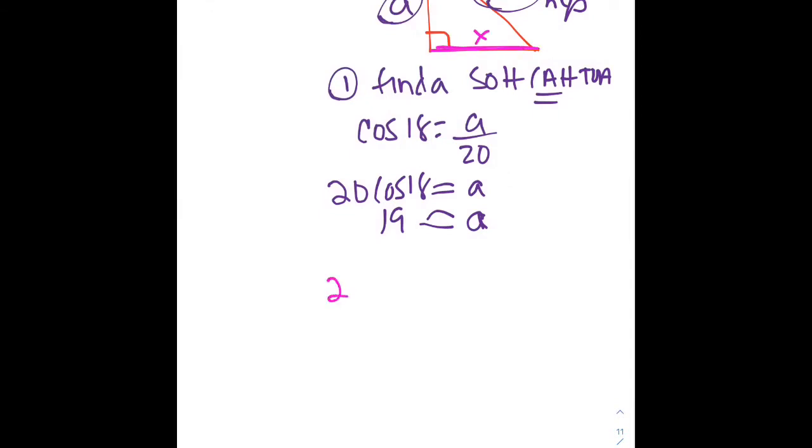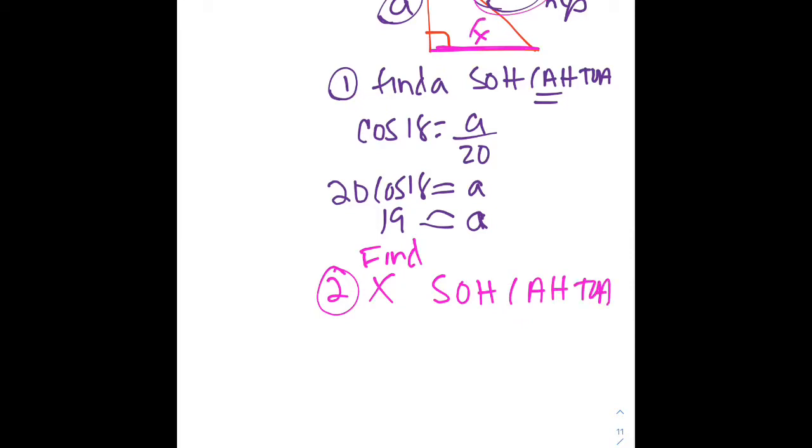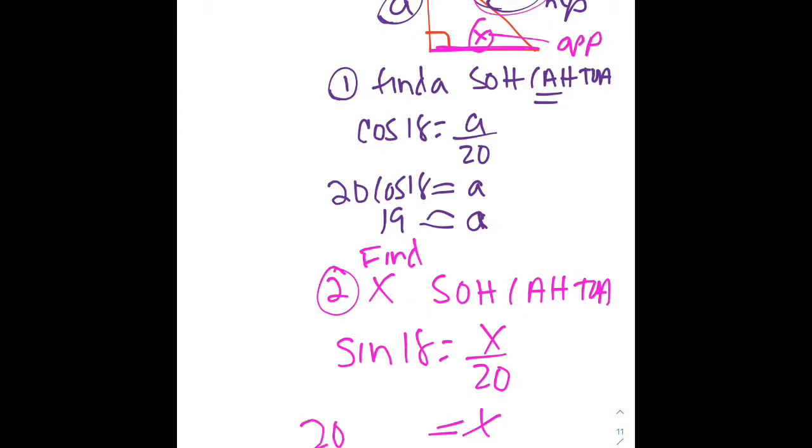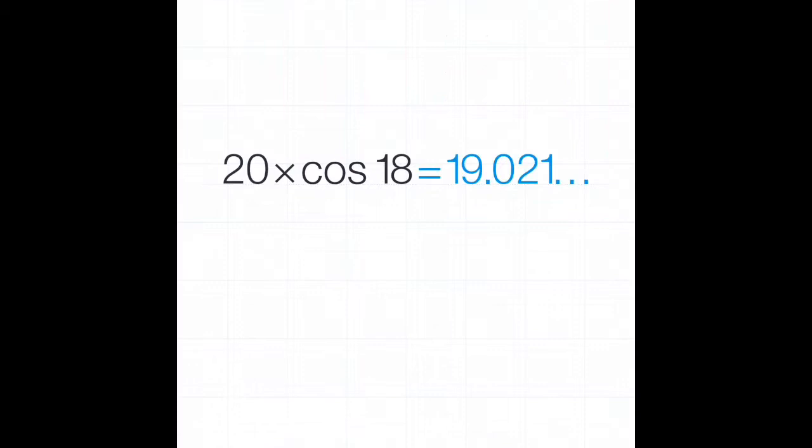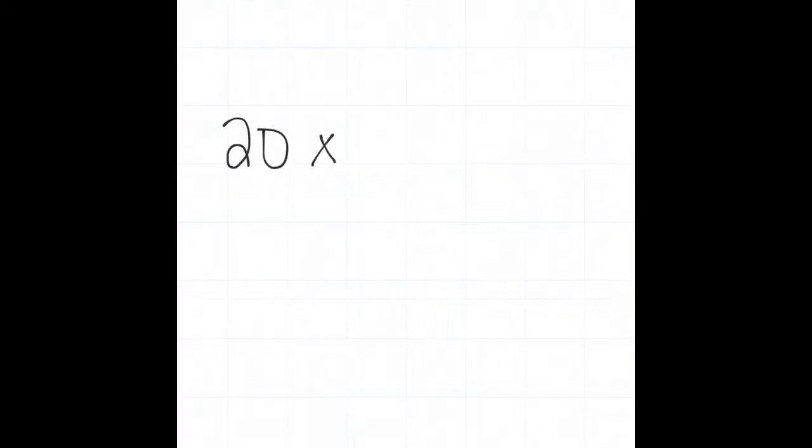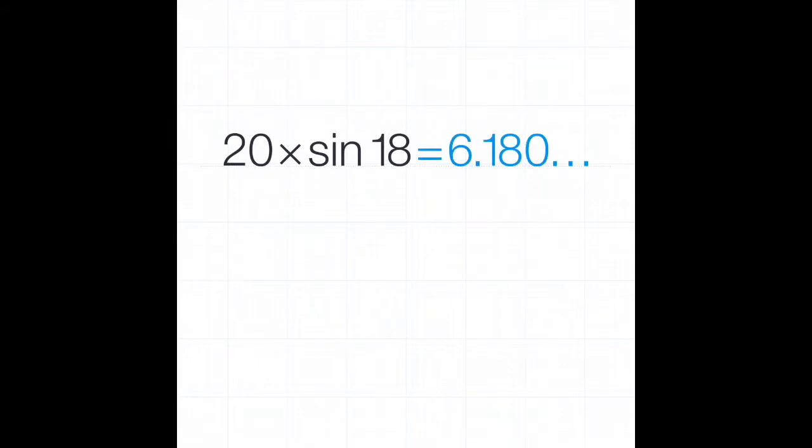I am also going to use SOHCAHTOA. This time the hypotenuse is still 20, but my x is now the opposite. So the sine of 18 is equal to x over 20. So that means 20 sine 18 is x. So I get 6.2.